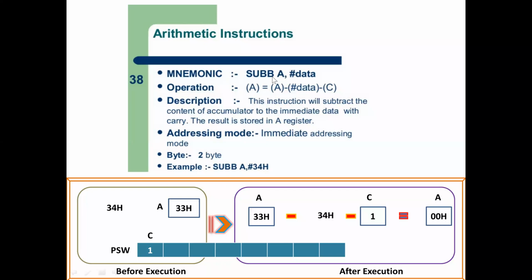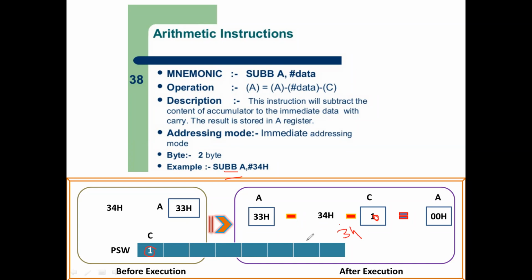See, the carry need not be 1. If the carry equals 0 before this instruction, then the output will be 34 minus 0, which is 34.